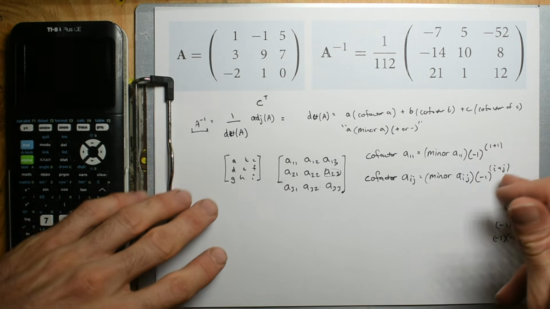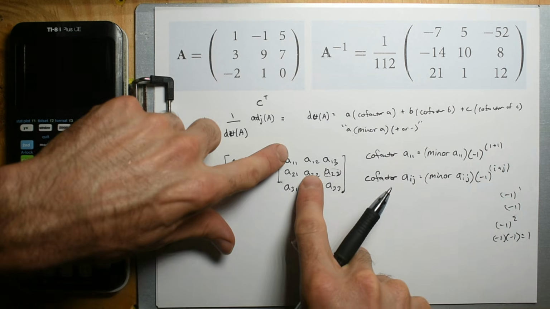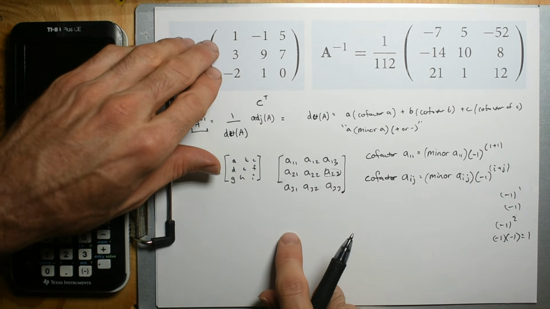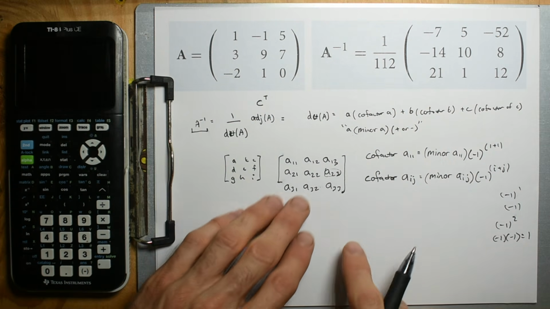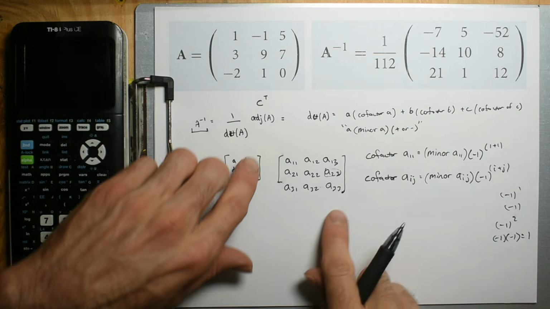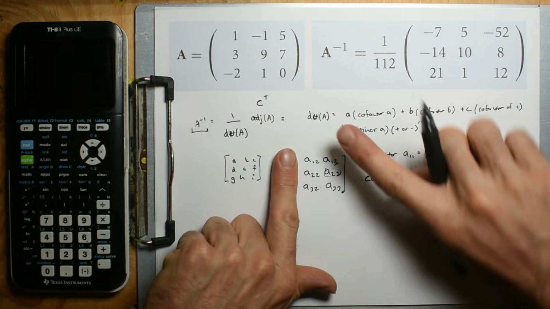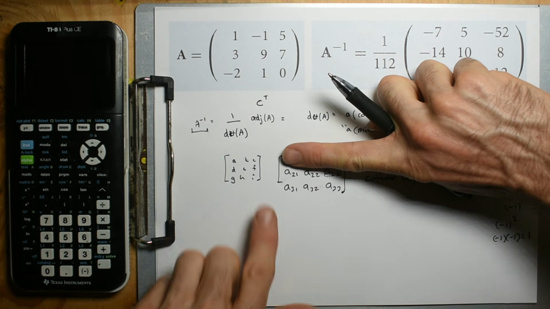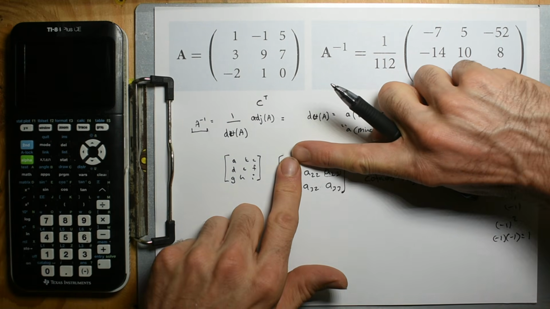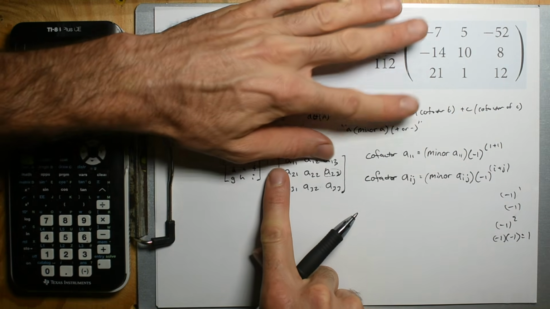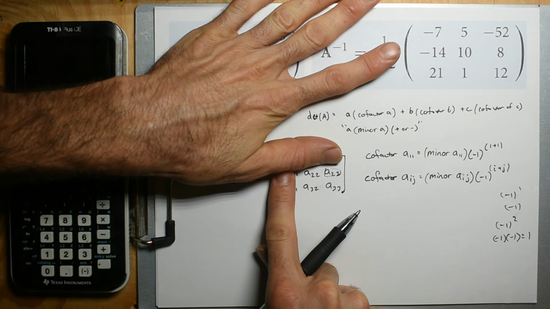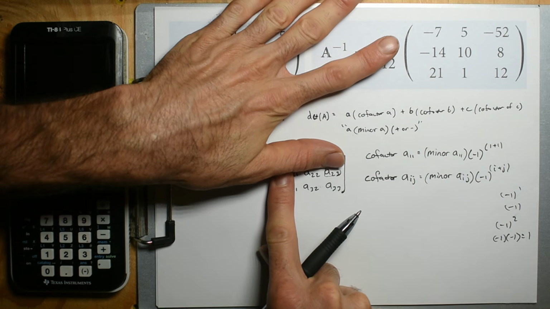Now what is the minor? The minor of 1, 1 is, block that row out and block that column out, and then we're just left with a block of 4. This strategy only works for a 3x3, but typically you might be working with 3x3s.